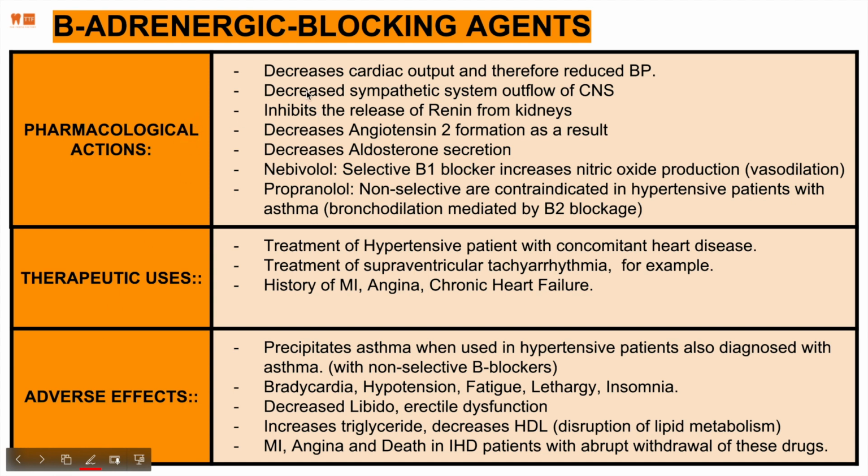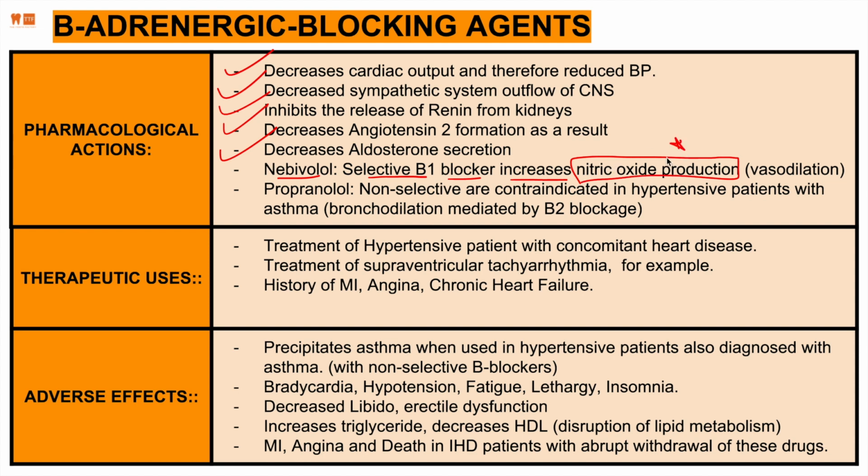Pharmacologically speaking, it decreases cardiac output, therefore reduces blood pressure, decreases sympathetic system outflow of the CNS, inhibits release of renin in the kidneys, decreases angiotensin II formation as a result, decreases aldosterone secretion, and nebivolol is a selective beta-1 blocker that increases nitric oxide production.